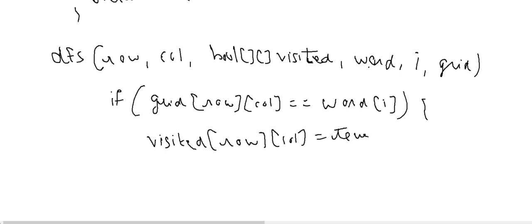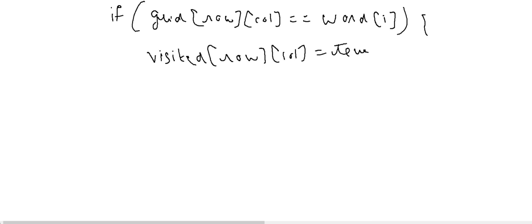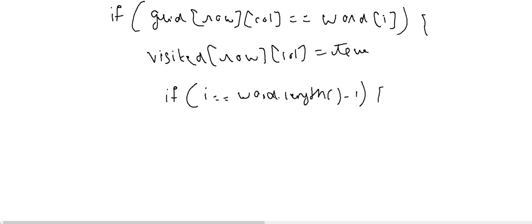Okay, and what else we gonna do? Now if that character is the last character of the word, then our search is complete, right? So if the index I is the last index, then we're gonna return true, because we found the word and our search is completed.